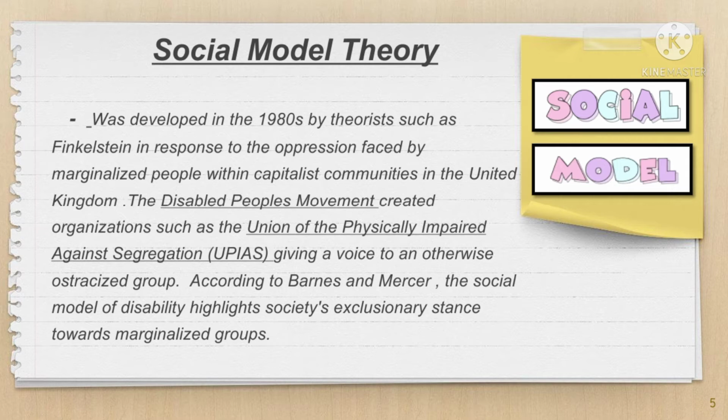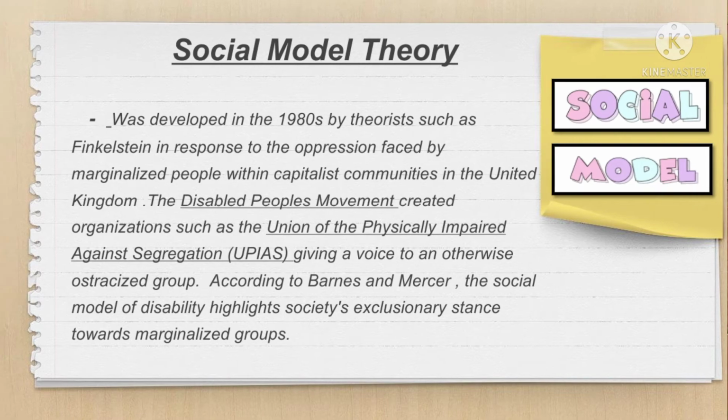The disabled people's movement created organizations such as the Union of the Physically Impaired Against Segregation, or UPIAS, giving a voice to an otherwise ostracized group. According to Barnes and Mercer, the social model of disability highlights society's exclusionary stance towards marginalized groups.